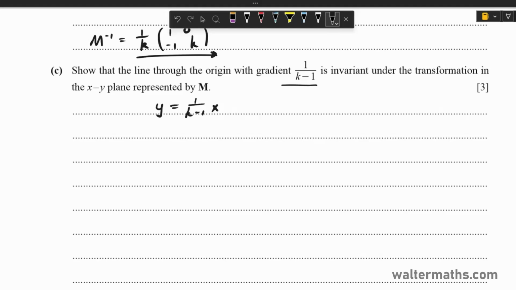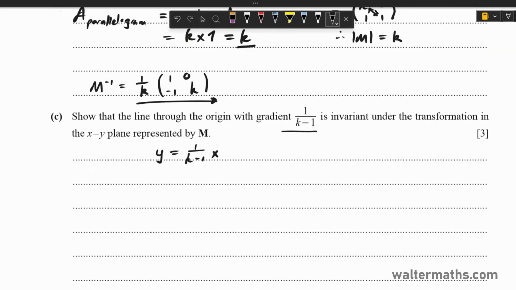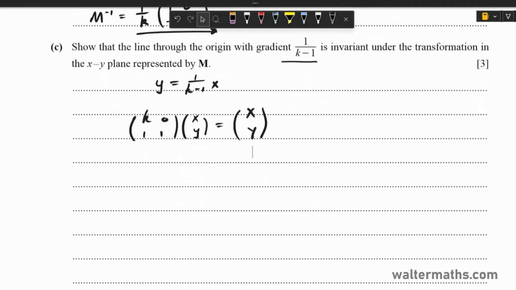The transformation matrix M, we got it to be K, 0, 1, 1. If we multiply points on the original line, we should get an image like this.